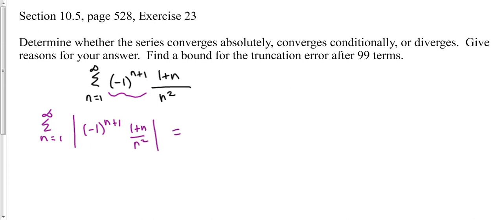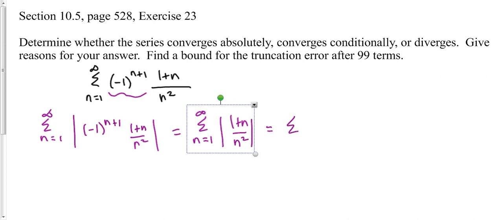And when I take that absolute value, I'm going to get rid of that -1 term, and this is going to give me the summation from n equals 1 to infinity of (1 + n) over n squared. And I'm even going to write this a little differently: the sum from 1 to infinity of 1 over n squared plus 1 over n.